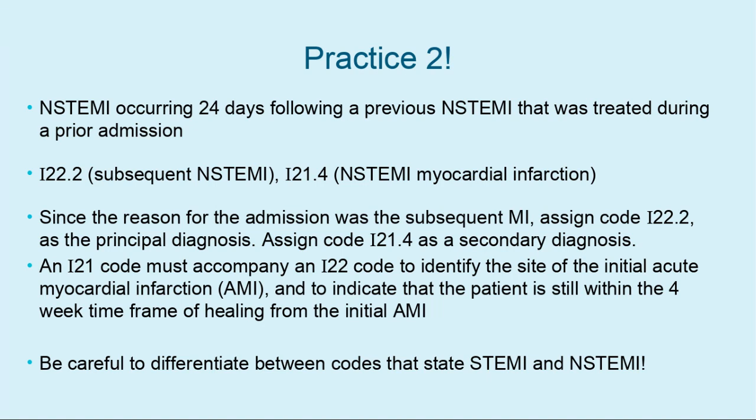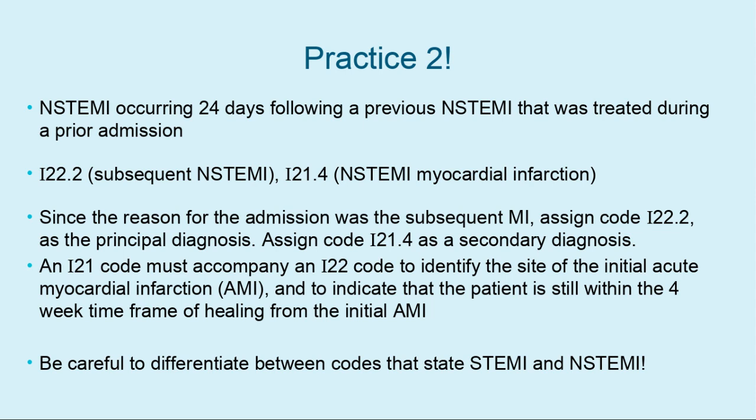NSTEMI occurring 24 days following a previous NSTEMI, you code I22.2 for the subsequent NSTEMI and I21.4 for the first one. Since the reason for the admission was the subsequent MI, you do I22.2 as the principal diagnosis and then I21.4 as the secondary.